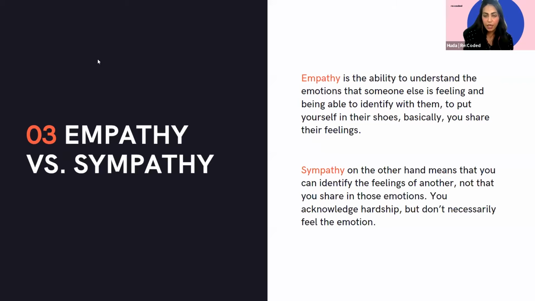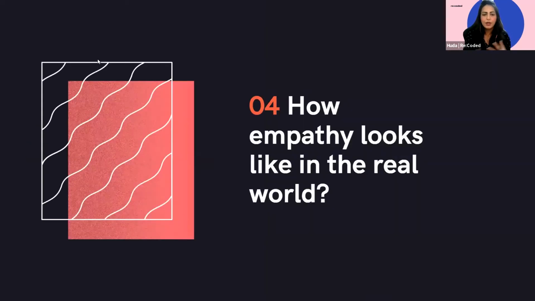In empathy, you share the same exact feelings. So empathy is the ability to understand the emotions of somebody else and put yourself in their shoes. But in sympathy, you are identifying the feelings of somebody else, but it's not necessary for you to share the same emotions.